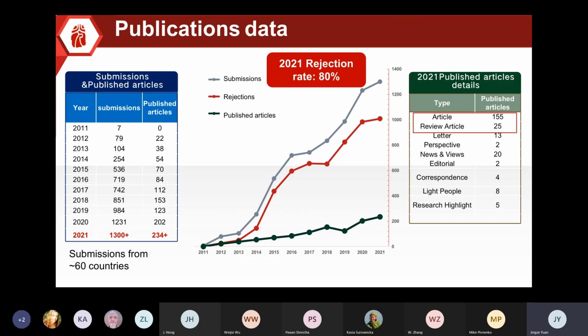The total rejection rate is about 80%. And you can find from the plot, ELSA has been expanding the volume almost every year since it launched, in order to attract more excellent research work. This year, we are also planning to make a small but stable increase in volume.